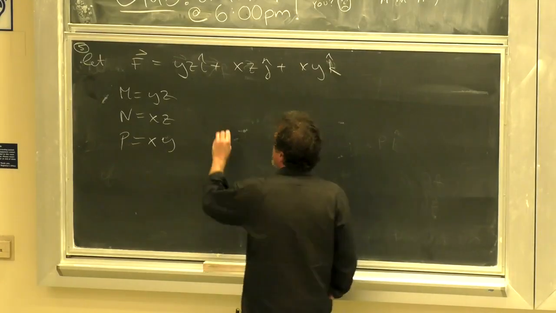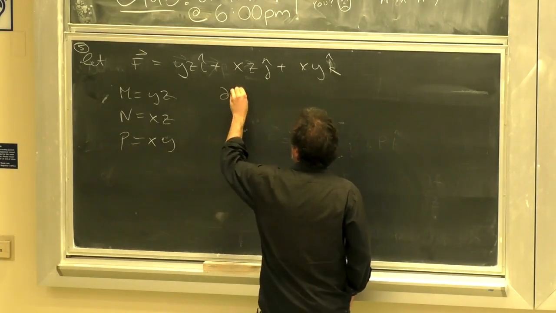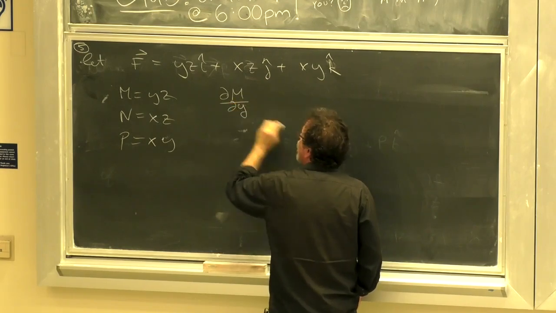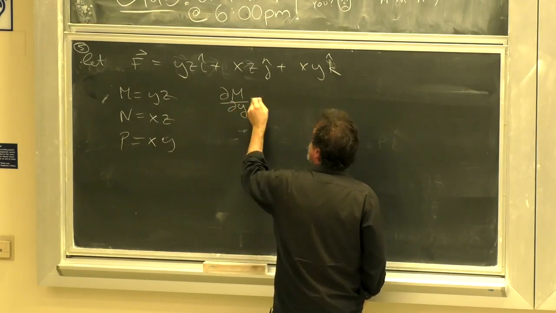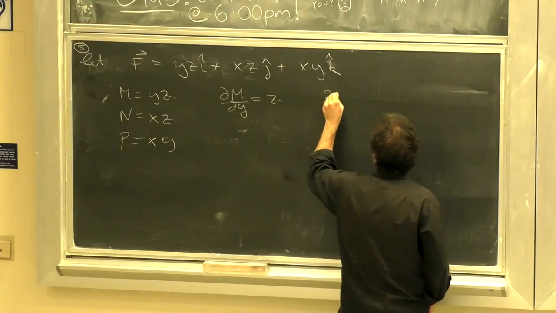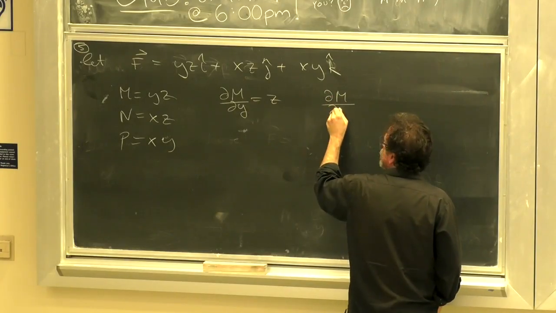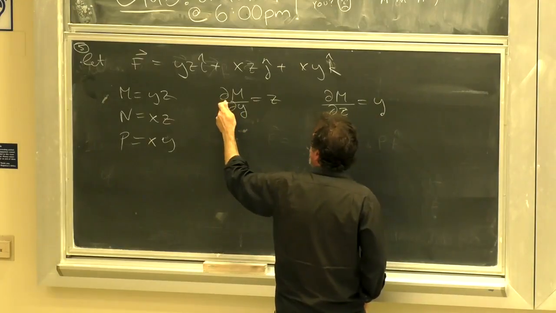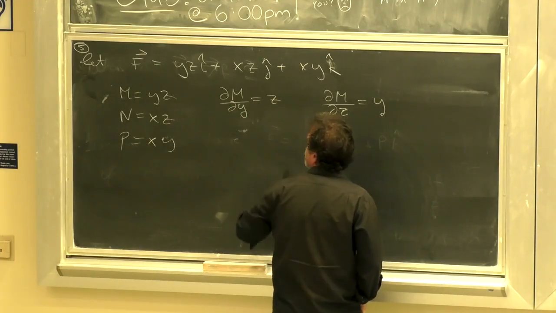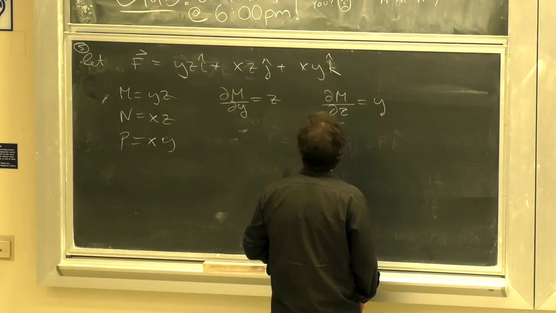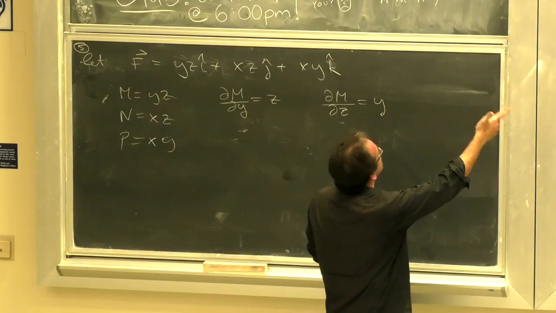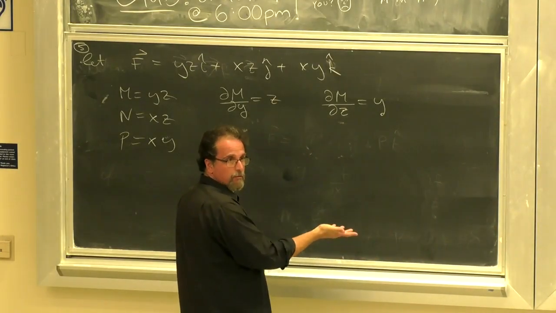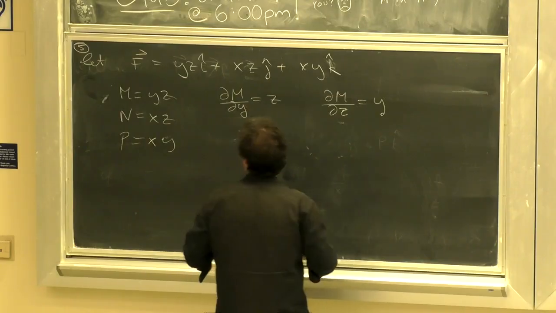So I have to take the derivative of m. If you start ordering this, you have to take the derivative of m with respect to y, which is equal to z. And you have to take the derivative of m with respect to z, which is equal to y. Because you're taking the derivative of m with respect to the other variables. That's what those conditions, which I have since erased, the ones that are hidden on the board here, were telling you to do.